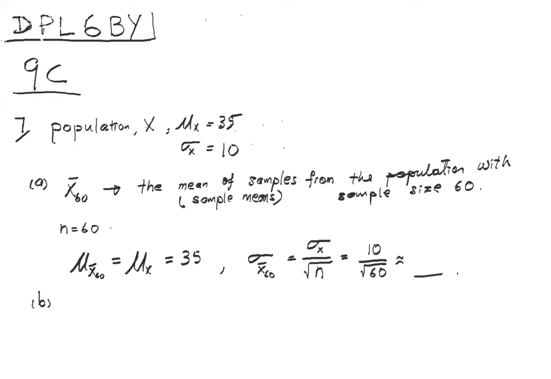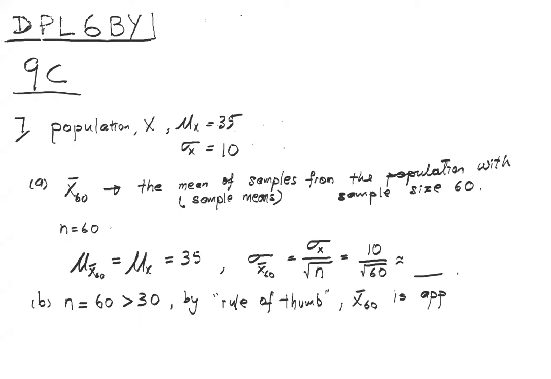So what you need to do is for this question, you say n is equal to 60, which is more than 30. So by, please go to your page 264, by rule of thumb, X bar 60 is approximately normally distributed.